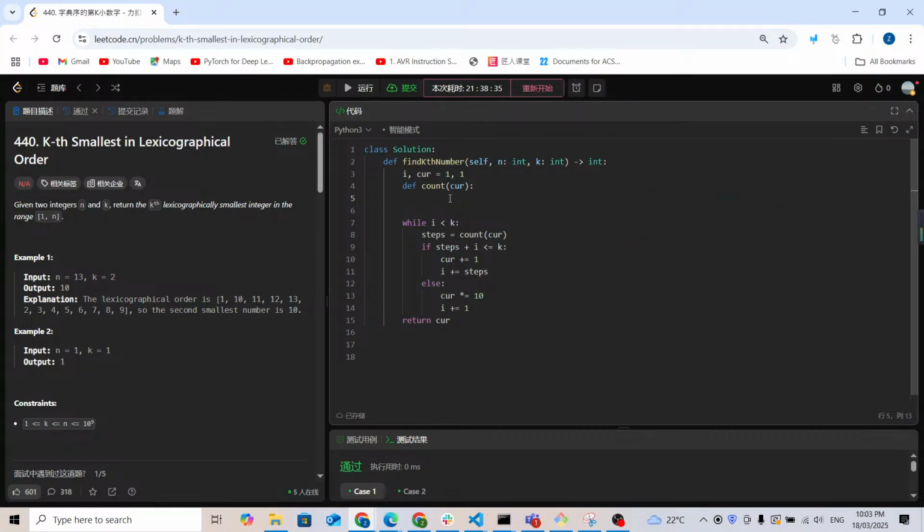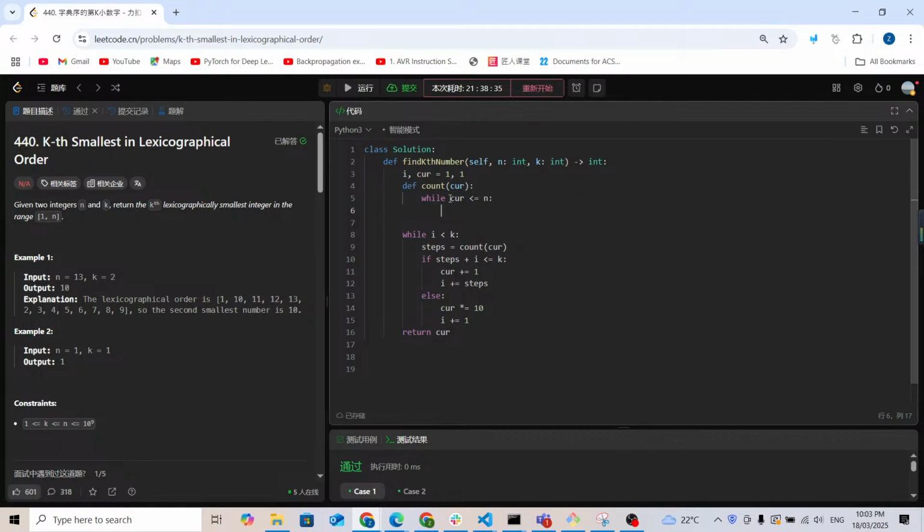So for this function count, we check the current. If this current is less than or equal to the maximum number n, we're going to update the count. But before that, let's prepare a neighbor. The neighbor is going to be current plus 1, the next number.